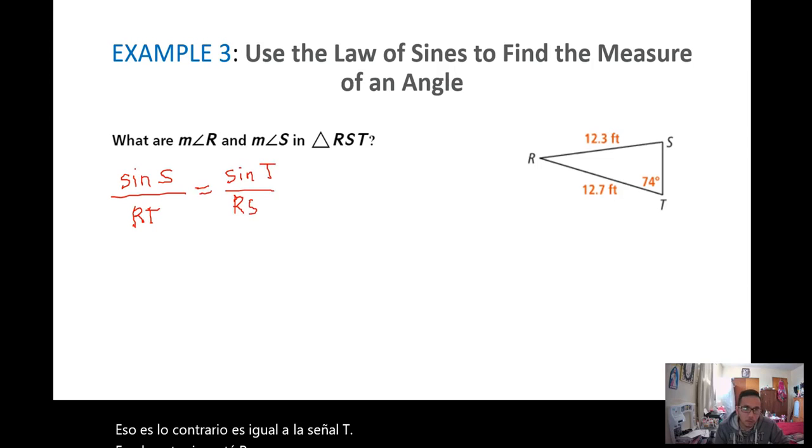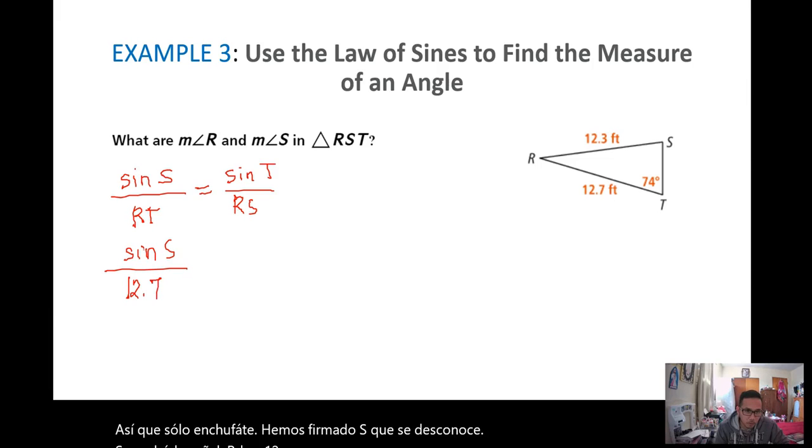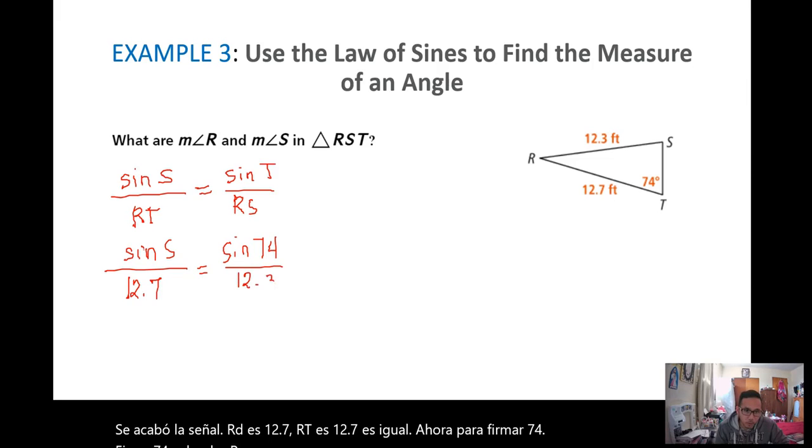So just plug in. We have sine S, which is unknown, over RT, which is 12.7, is equal now to sine 74 over RS, which is 12.3 feet. And then you cross multiply.